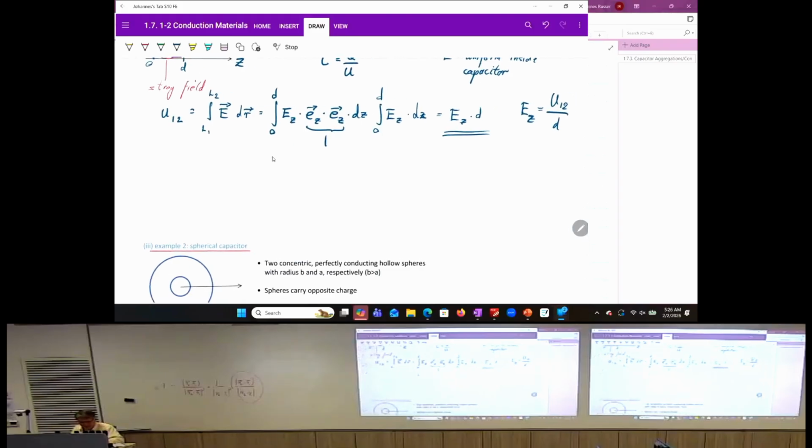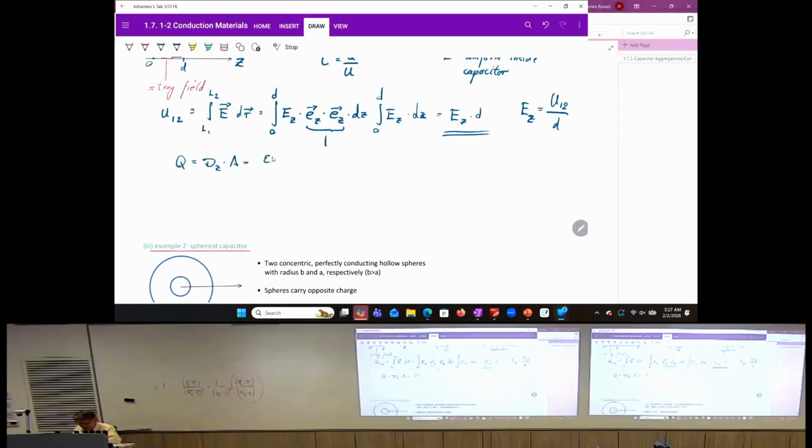Now, what about the charge? The charge is given by the displacement field, like the electric field. It is inside the plate only oriented in z direction, times the area of that plate.